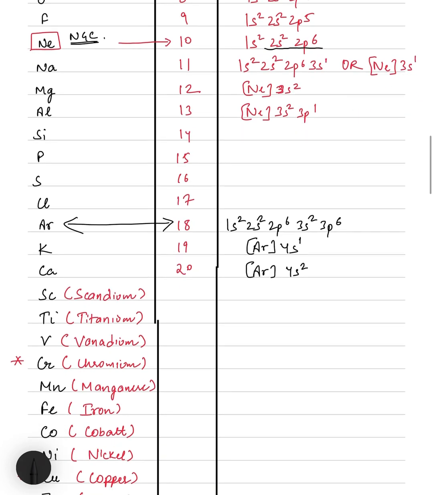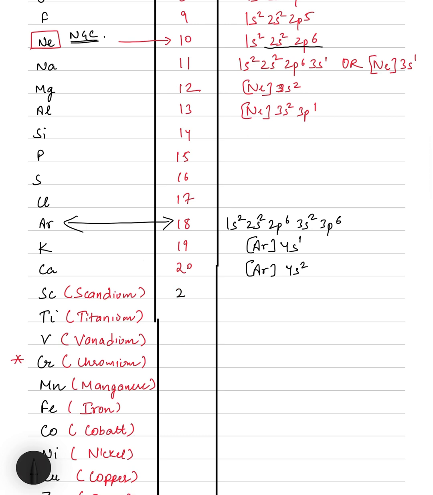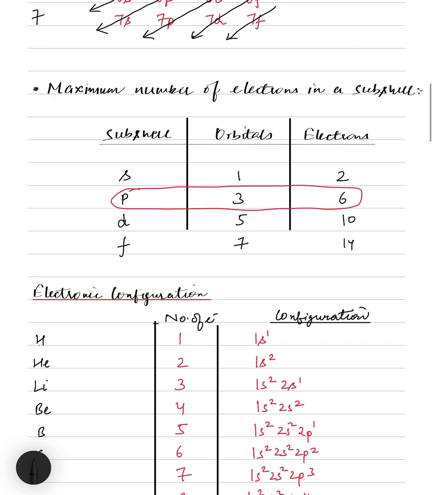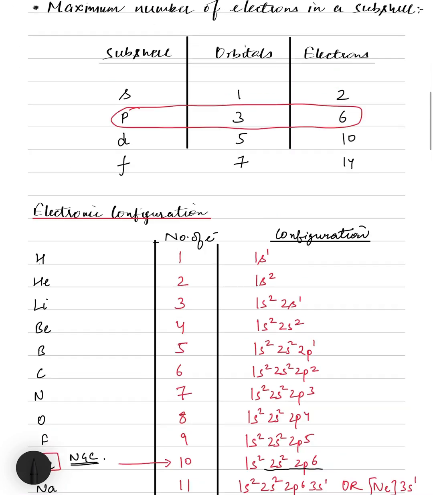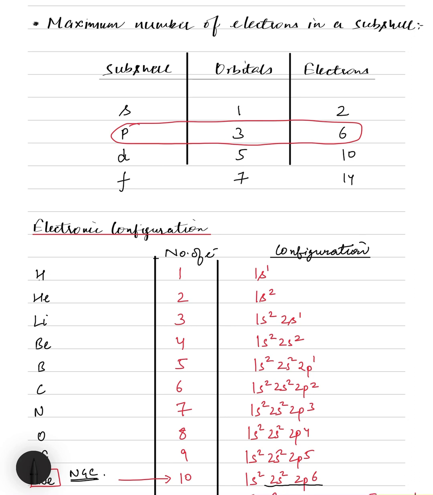After calcium comes scandium, and scandium has atomic number 21. After 4s comes the 3d subshell, right? If you look at here, after 4s we have the 3d subshell. That means now the electrons will be filled in the 3d subshell, and the d subshell can have a maximum of 10 electrons because it has 5 orbitals.